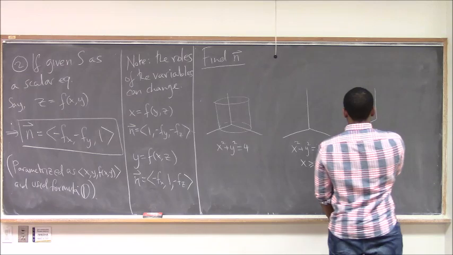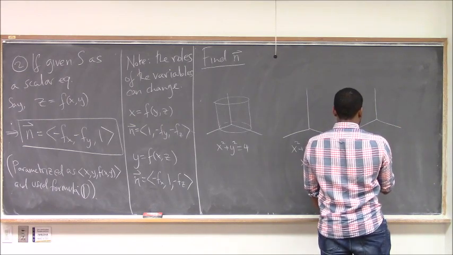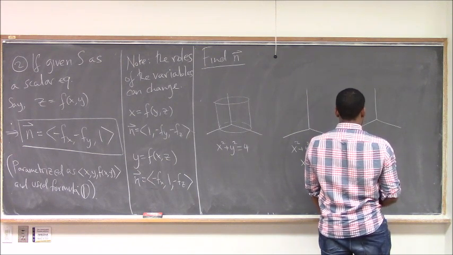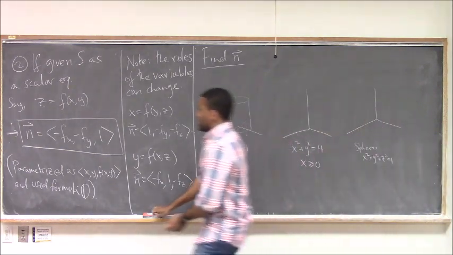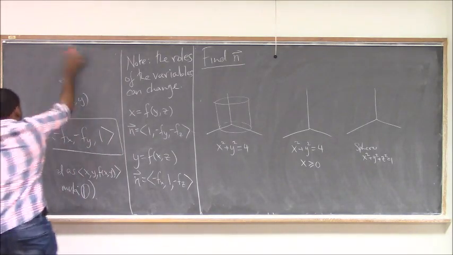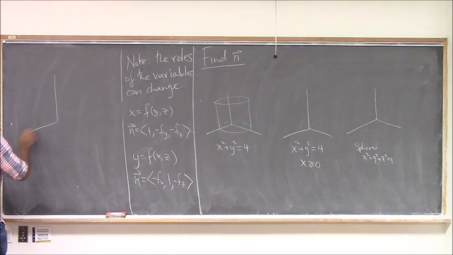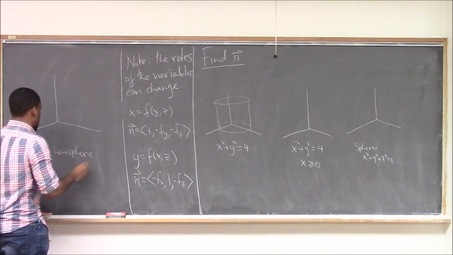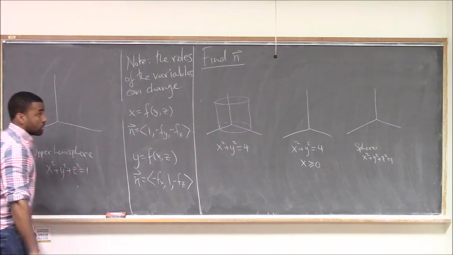Or here, I could describe a sphere, x squared plus y squared plus z squared equals 1. Or here, I could describe something like the upper hemisphere, x squared plus y squared plus z squared equals 1.